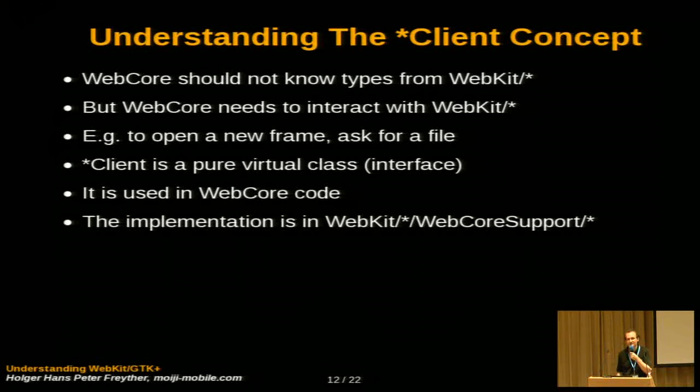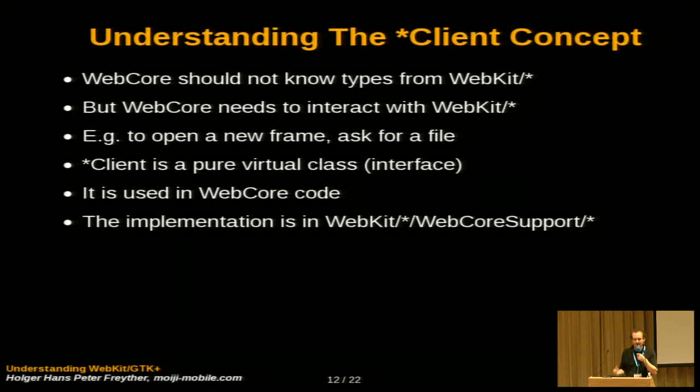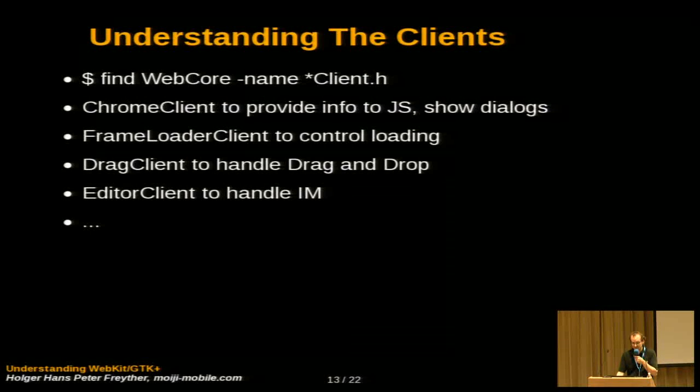It's the way to do interfaces in C++. And the client gets passed to an object when the object is instantiated. And the implementation actually sits inside the WebCore support directory. So this way we have an interface in WebCore that can be used by all WebCore types, but have the implementation platform-specific integrated into WebKit inside the WebCore support directory.